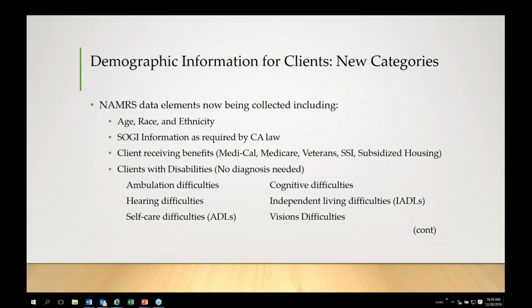Okay, this next category about demographic information for clients, I am especially excited about, and the reason being, on the current SOC 242 at the state level, I get no client demographic information.